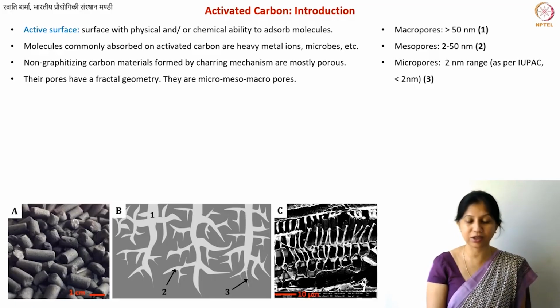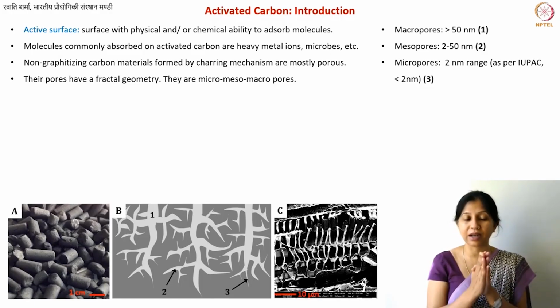So I mentioned that it is 2 nanometer range. Typically in the literature you will find even people up to 5 nanometer pores are sometimes called micropores. But as per the IUPAC definition, the pores that are smaller than 2 nanometer in diameter should be called micropores. In fact, these micropores are then further divided into super micropores and ultra micropores, I think, basically based on their diameters.